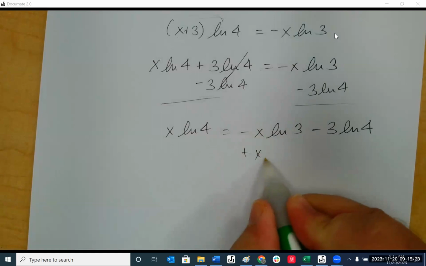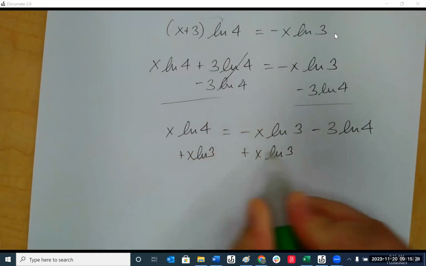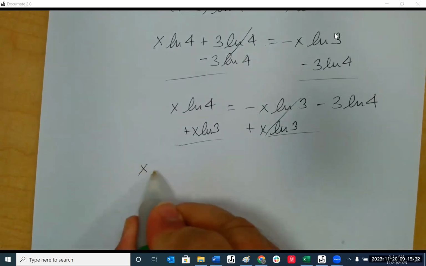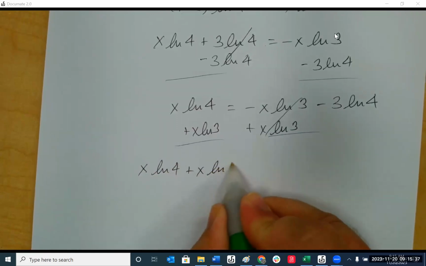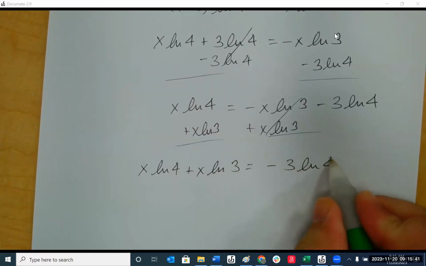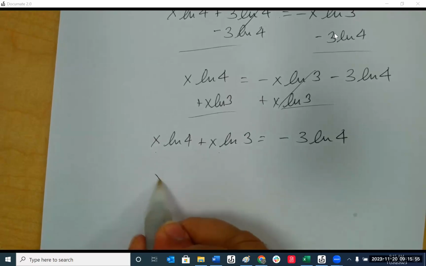So we add x ln 3 to both sides. x ln 4 plus x ln 3 equals negative 3 ln 4. They both have an x. Can I factor anything out? I can factor out the x.